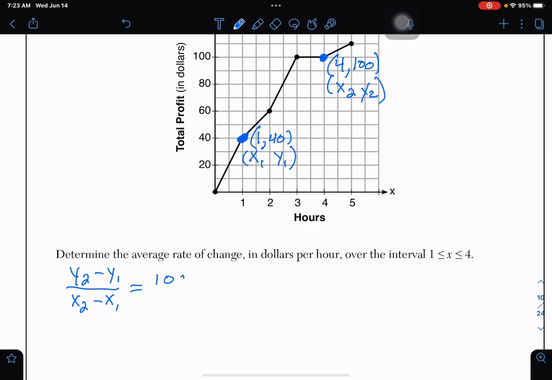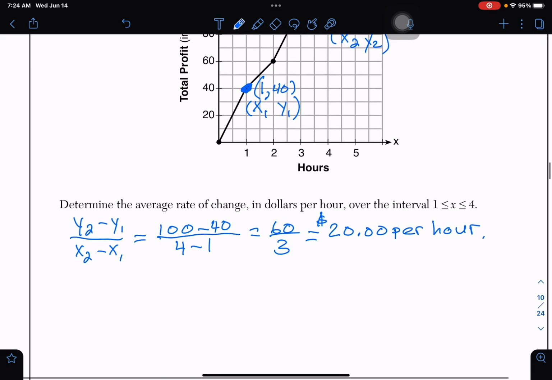So we have 100 minus 40 over 4 minus 1, which is equal to 60 over 3, which is $20 per hour. Okay, nice easy one, just a slope formula.